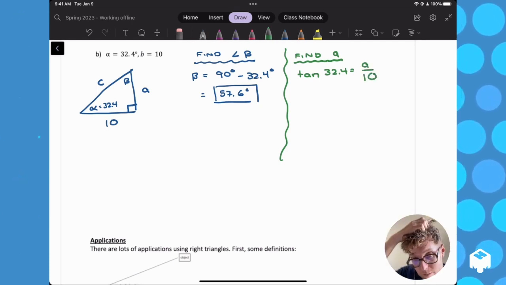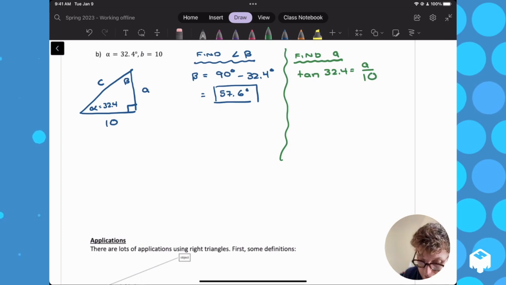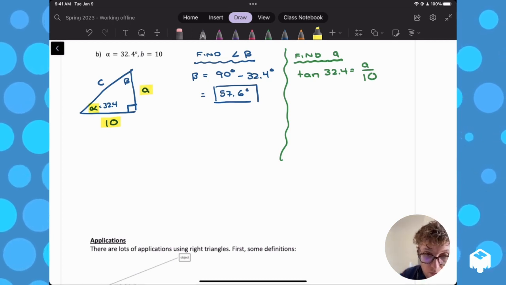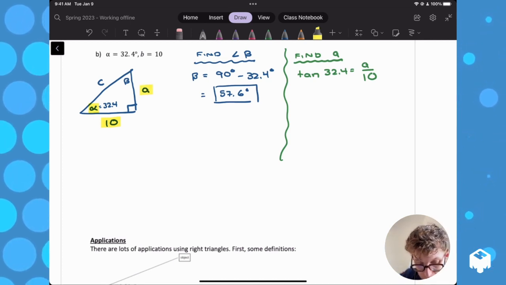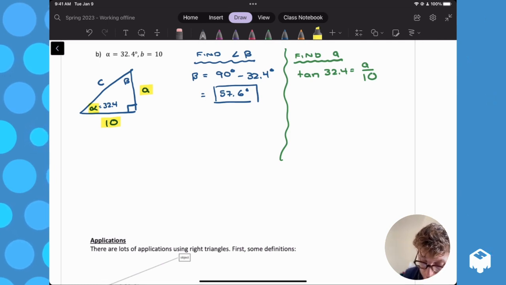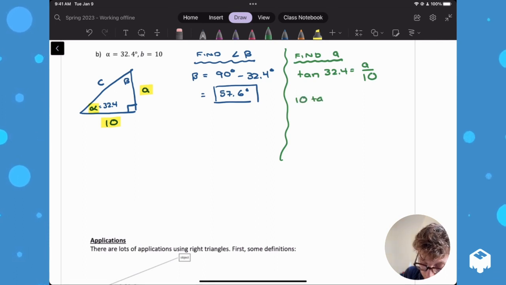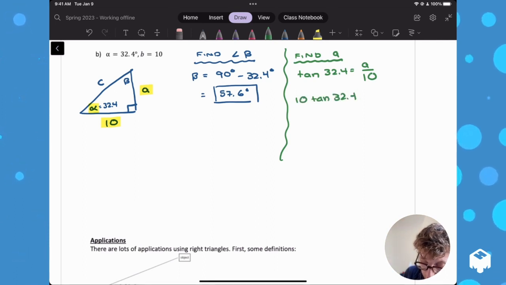I use tangent because I knew that 10 was adjacent to this angle, and I'm trying to find the opposite side. So just labeling and looking at the picture, I see that opposite and adjacent legs. When I know those, tangent is the best option. I'm going to multiply tangent by 10 to find A.